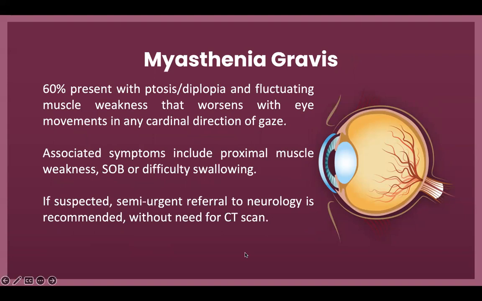Myasthenia gravis is a systemic disease as we know. It is a neuromuscular junction problem related to the acetylcholine. And the diplopia is part of the generalized weakness in the body.